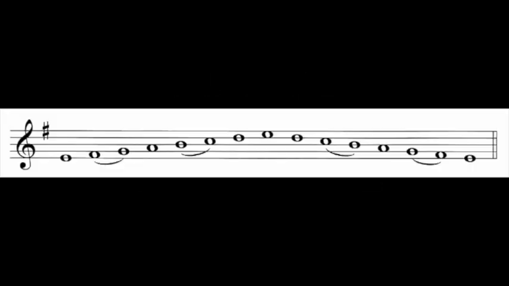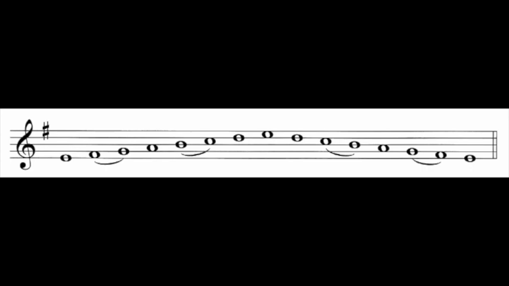Great. So there are multiple types of minor scales. When a minor scale is written with no accidentals, it is called a natural minor scale. So in this example here, we have E natural minor. It has the same key signature as G major, so just one sharp.